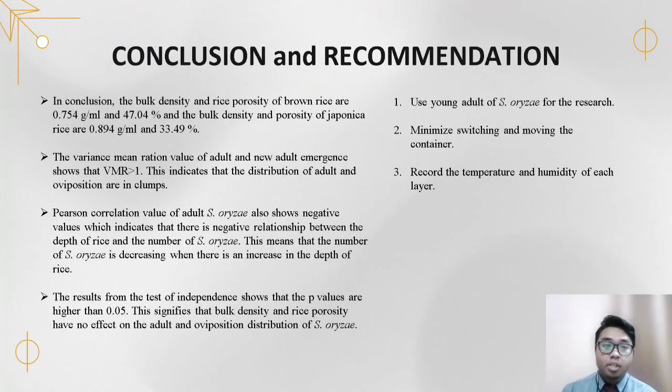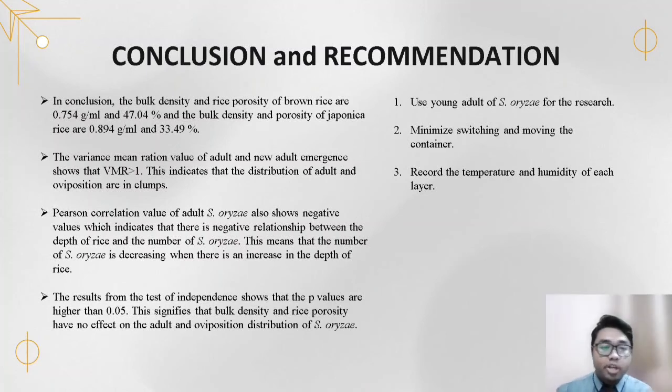Conclusion and recommendation. In conclusion, the bulk density and rice porosity of brown rice are 0.754 g per ml and 47.04%, and the bulk density and porosity of Japonica rice are 0.894 g per ml and 33.49%. And the variance mean ratio, VMR, value of adult and new adult emergence shows that VMR is more than 1, and this indicates that the distribution of adult and oviposition are in clump.